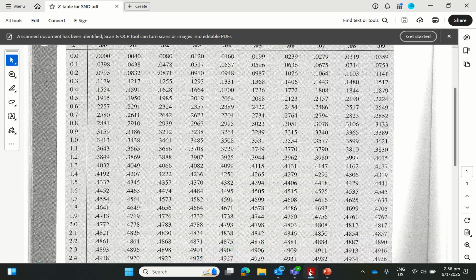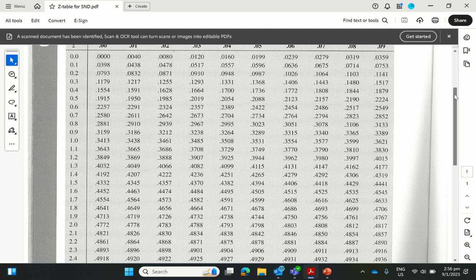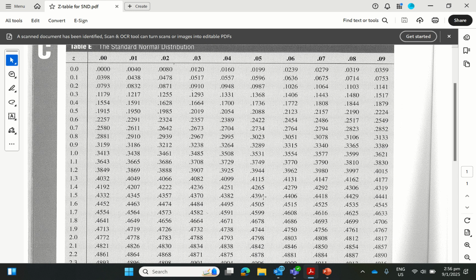Last lecture you had, let's say, 95%, you divide by 2, you get 0.475, then you find the Z value, 1.96. But now you are given the Z and you have to find the area inside here.